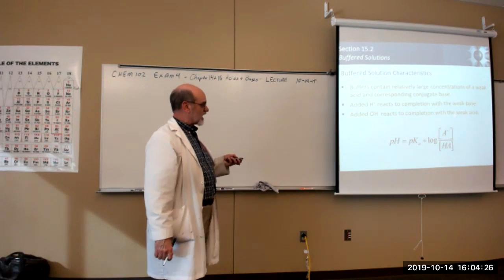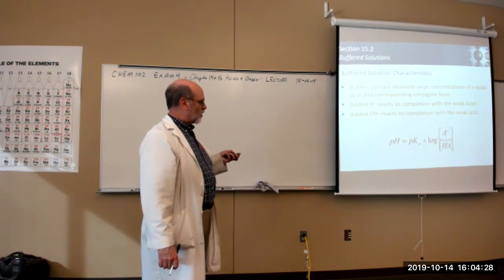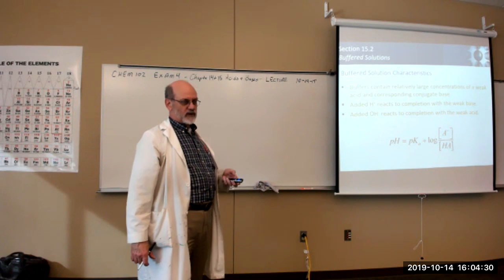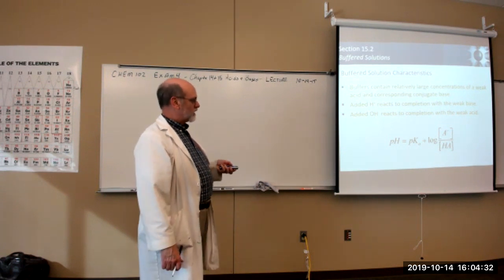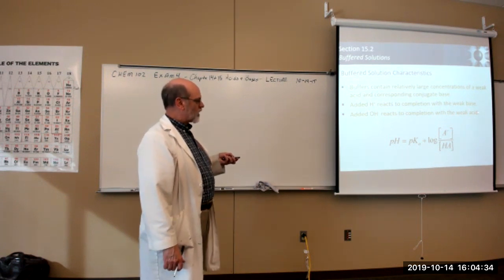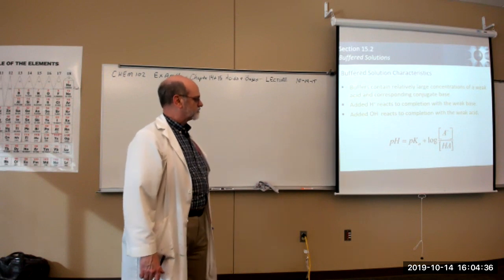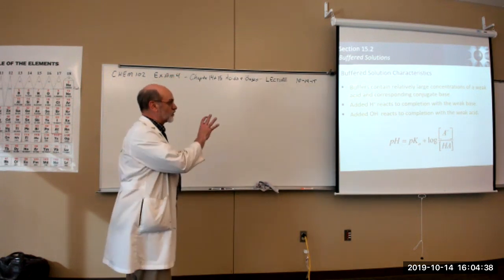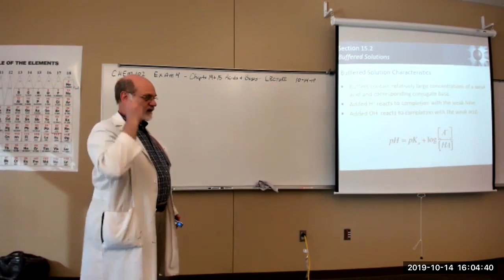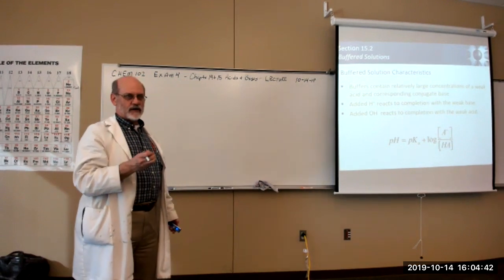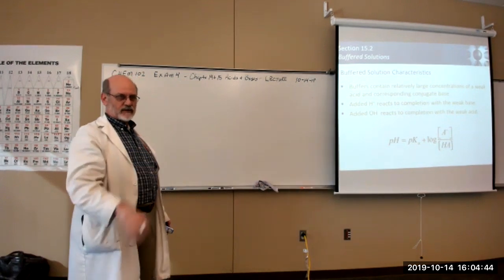The weak acid doesn't stand a chance. This OH is going to strip the proton off of the weak acid and leave you with the conjugate base of that weak acid. So that's what goes on in a Le Chatelier's scenario for adding acids or adding bases.